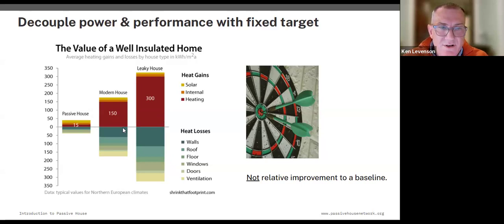Our more modern houses are quite a bit better and headed in the right direction, but Passive House really dials it in. It dials it in to a point where you can let go of traditional radiator systems and furnaces that we may have in homes and look at other options, and decouple that performance.